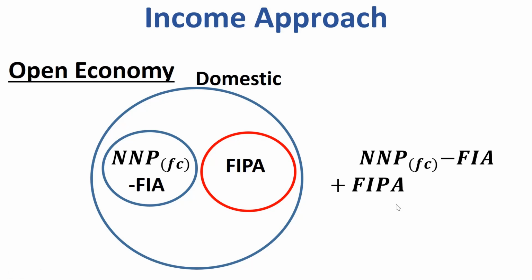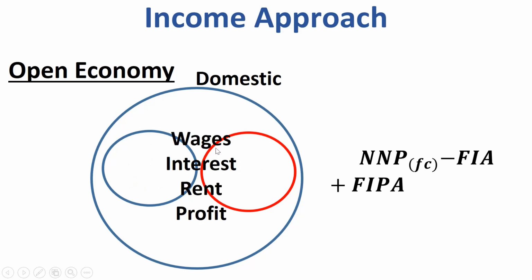So what we are saying here is that all the factor incomes produced within the domestic economy consist of two parts: this part for foreigners and this part for our nationals. So when you add the two, you are adding all the factor incomes earned in the domestic economy.